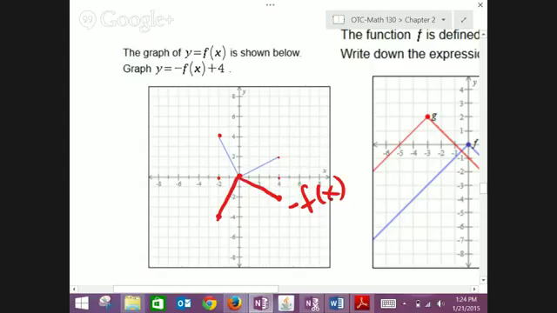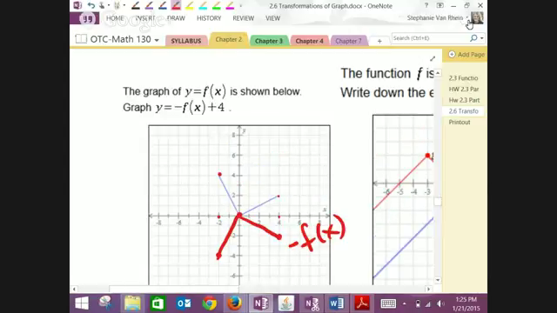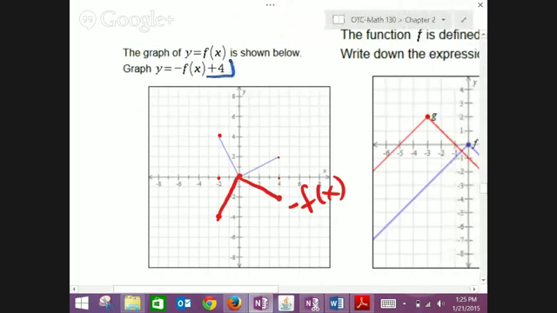Is that pretty straightforward to see there? So then if I want to take the next step to be the plus 4, every point I'm going to move up 4. So here, here, here. So this blue that's left is going to be the truly minus f of x plus 4.